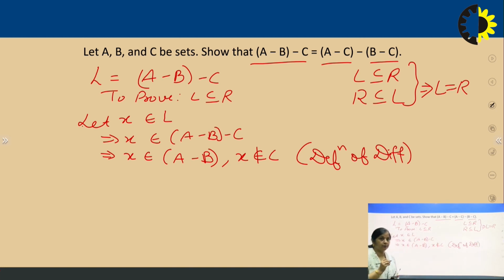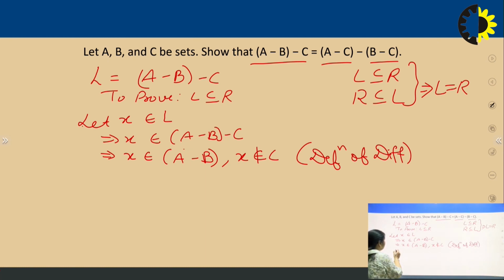If we take two sets, x minus y, the difference contains all the elements of x which are not present in y. So here the element belongs to A but doesn't belong to B minus C.